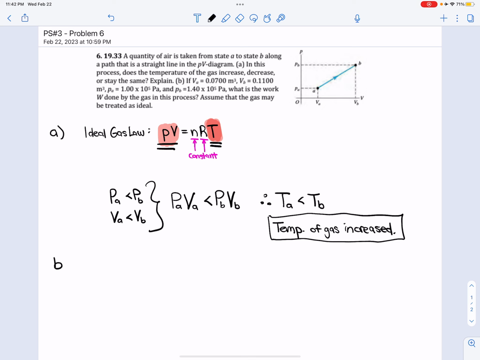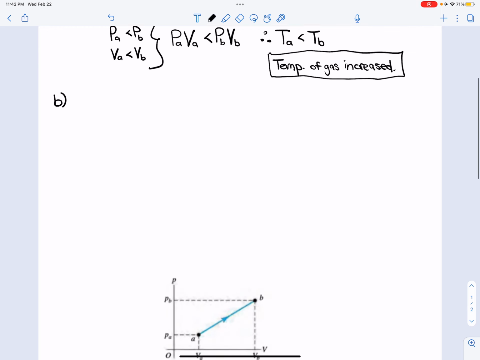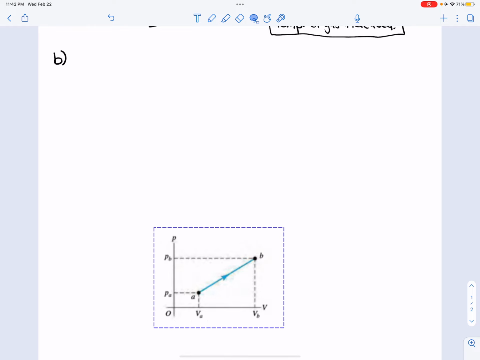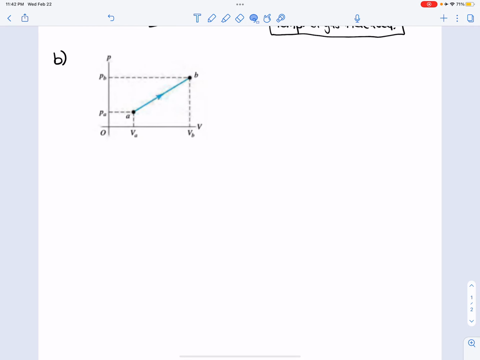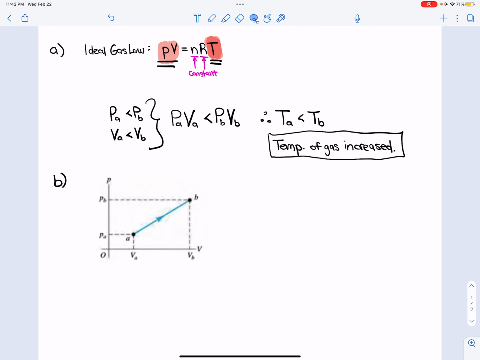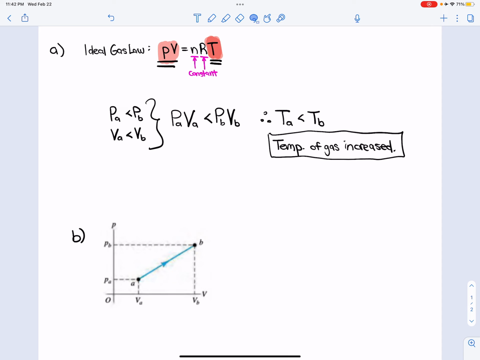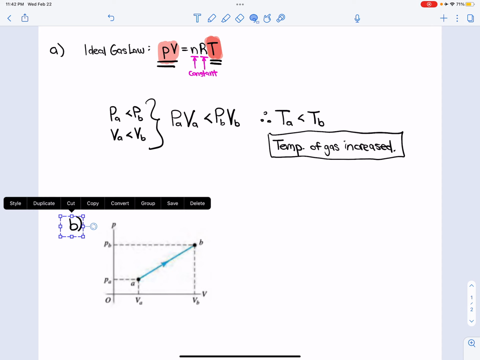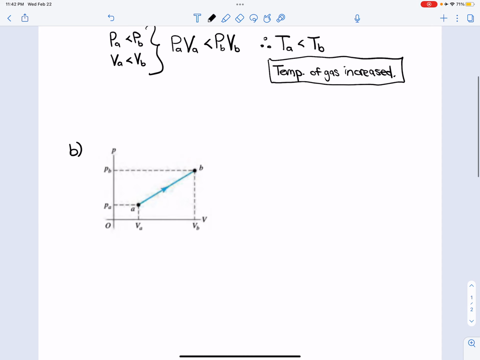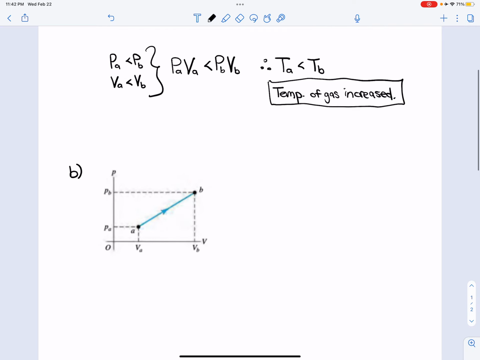Okay, now moving on to part B. I'm just going to copy this PV diagram and bring it up. All right, so this is part B. What are the values given?